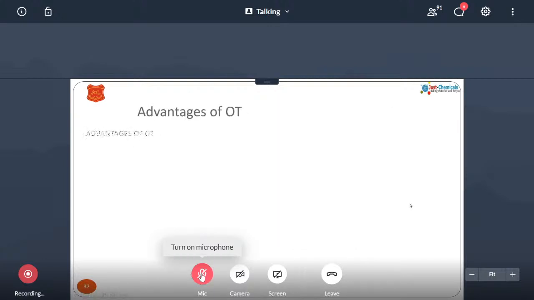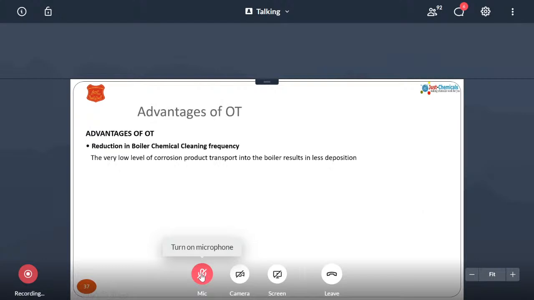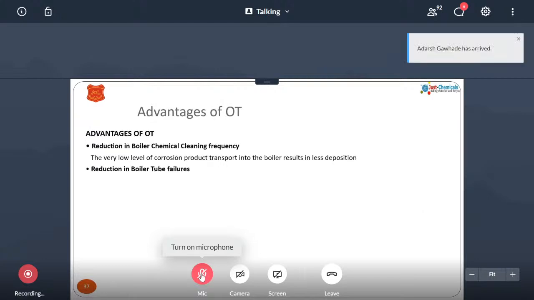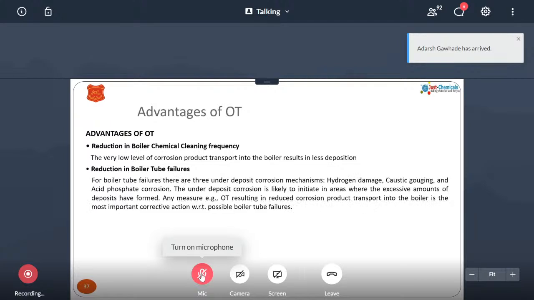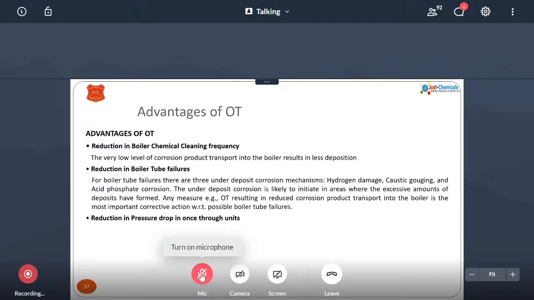Now, the advantages of OT are reduction in boiler chemical cleaning frequency, a lot of reduction in boiler tube failures, reduction in pressure drop in once-through units, and control of single phase FAC. Reduction in boiler tube failures matters because every failure used to cost 4 or 5 crore rupees.